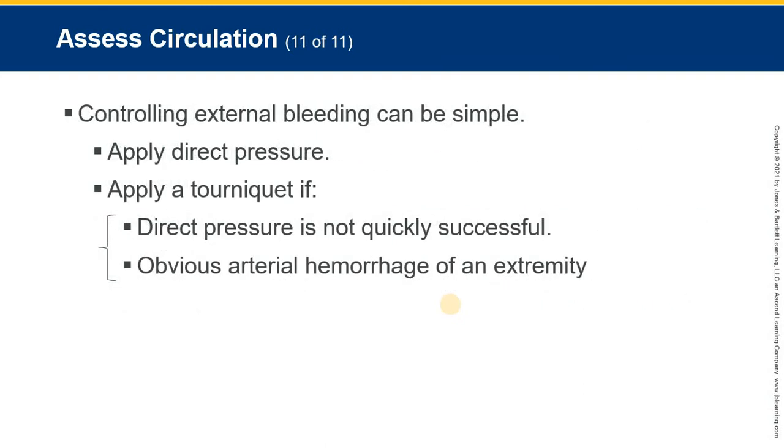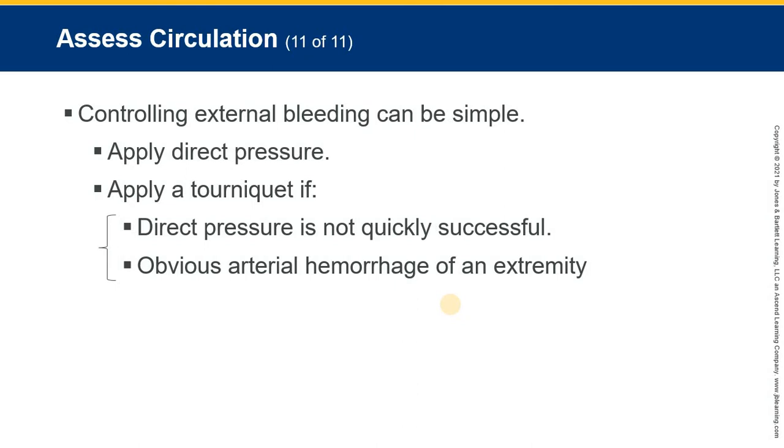We will go over bleeding control and hemorrhage as an actual lab skill in lab, but most of the time stopping bleeding is going to be easy because we're just going to apply direct pressure, and that works most of the time. Sometimes, if there's bleeding on an extremity, we're going to apply a tourniquet.